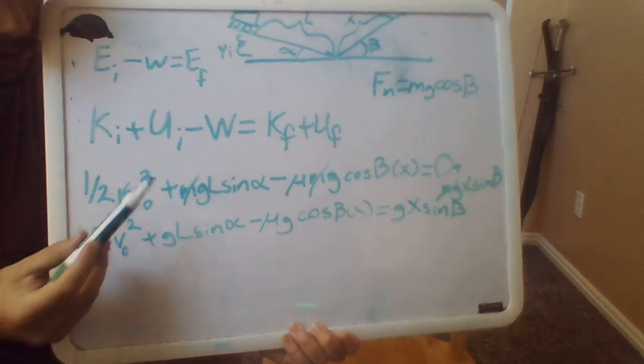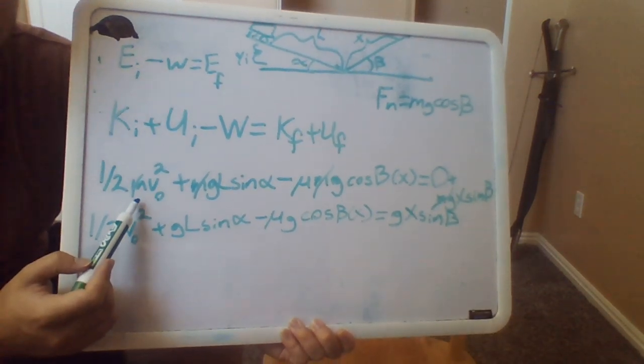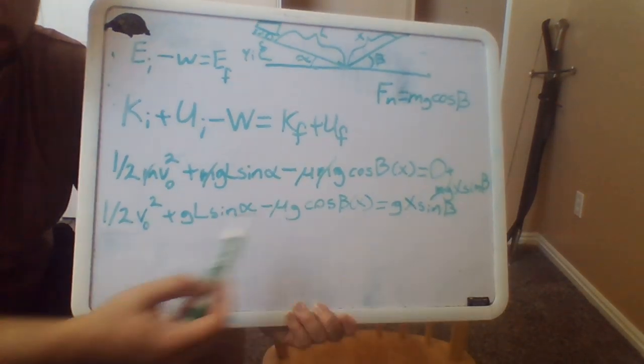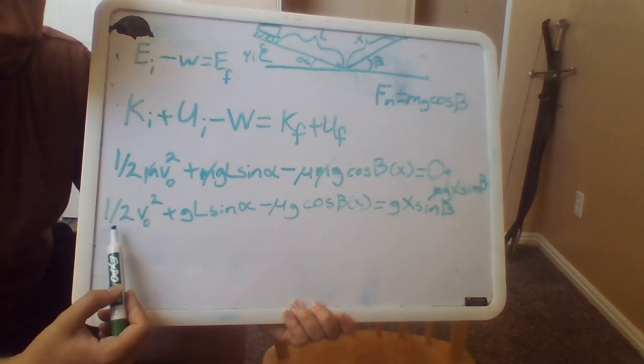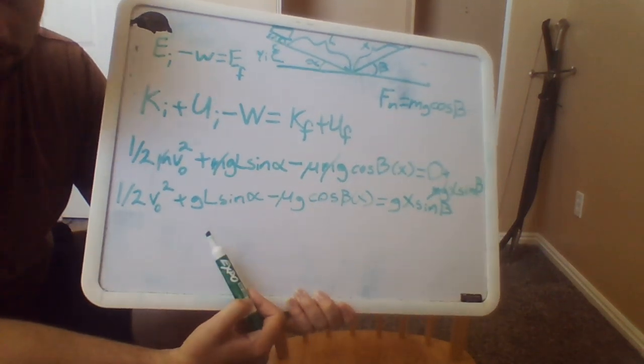Okay, so the first thing we can do is cross out the m for the mass across the entire thing, and we get just the same equation with all the masses gone.